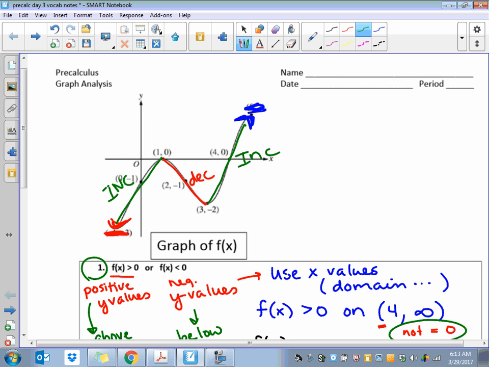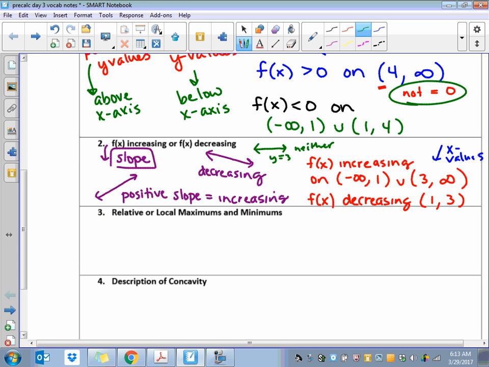Increasing, decreasing, slope, positive, greater than, less than 0, y value. Y value positive, y value negative for greater than, less than 0. Y values getting bigger, y values getting smaller, uphill, downhill for increasing, decreasing.